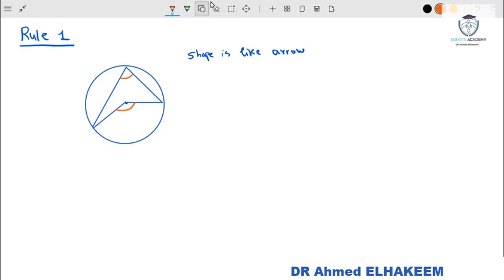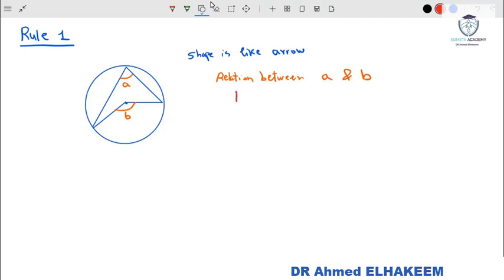These angles, let us say this is angle B and this is angle A. So what is the relation between A and B?